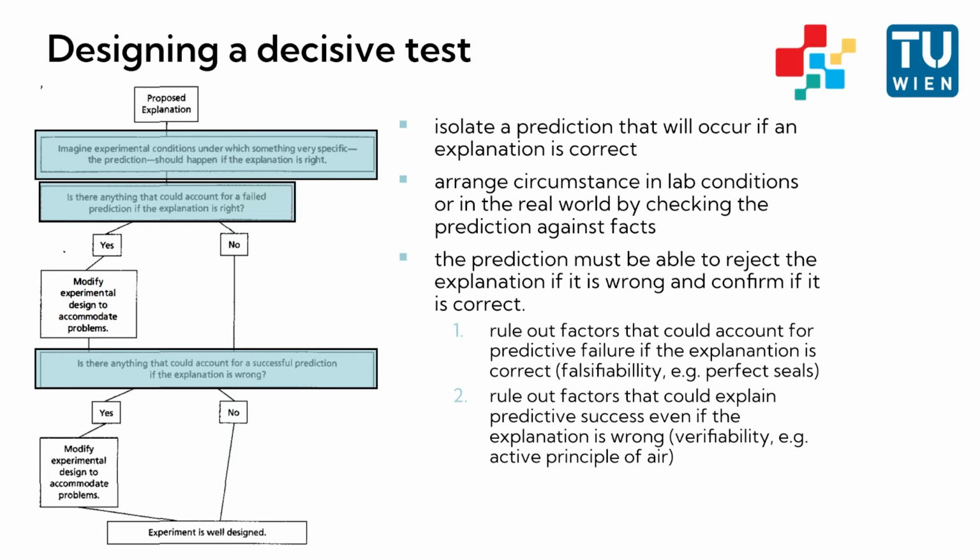That means ruling out factors that could cause predictive failure even if the explanation were true. This is falsifiability. And ruling out factors that could cause predictive success even if the explanation were false. This is verifiability. Depending on what we find, the experiment may need to be refined for stronger, more decisive results. There may be modifications needed in the experiment design. Example, Redi's third jar covered by Naples paper, letting air circulate but keeping flies away. Following this process, you create a well-designed experiment.